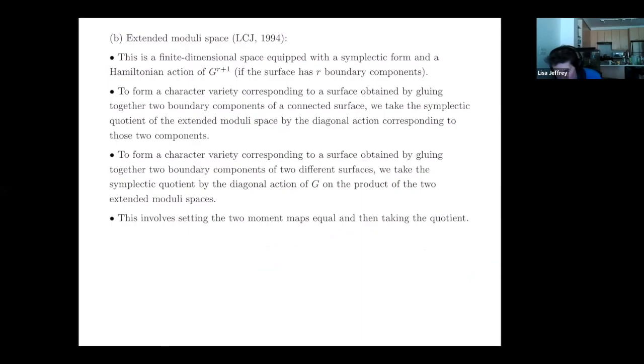This involves setting the two moment maps equal and then taking the quotient. So the extended moduli space more or less has the same purpose as the quasi-Hamiltonian spaces, except that the extended moduli space is non-compact and singular. The quasi-Hamiltonian spaces are not.